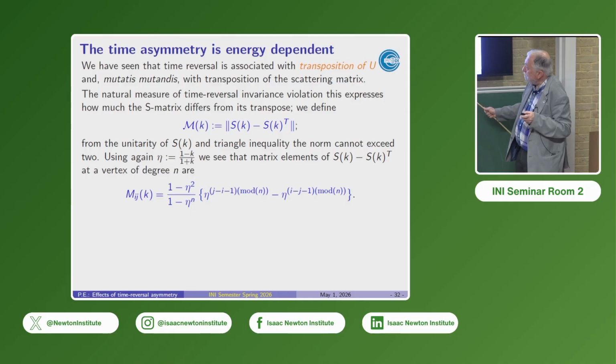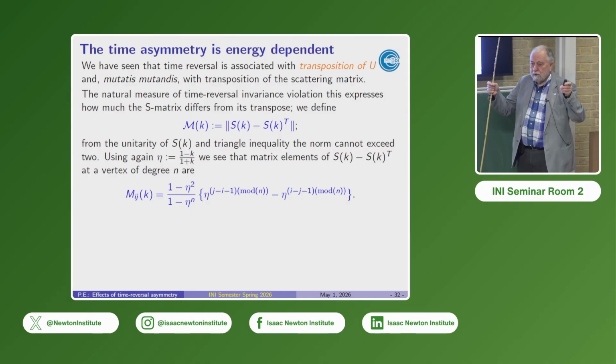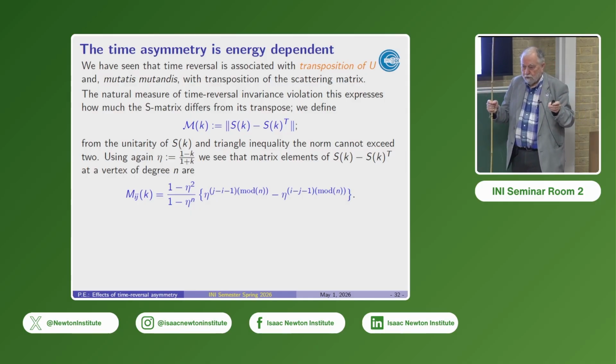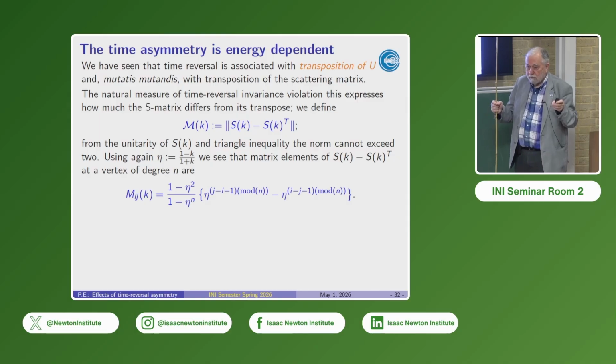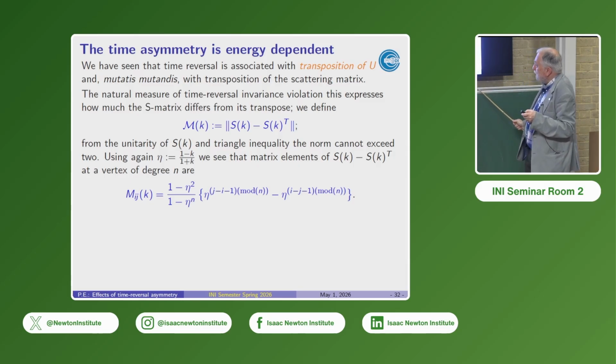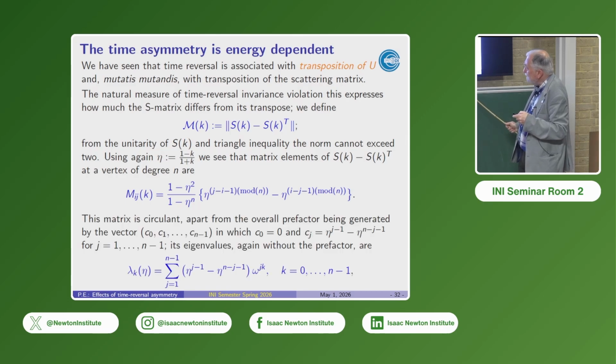The matrix M. I showed you the formula for the entries of the matrix S, and since it is the difference of two circulant matrices, it is again a circulant matrix. So you can write the entries like that, and you have a prefactor here, and you have these quantities here.